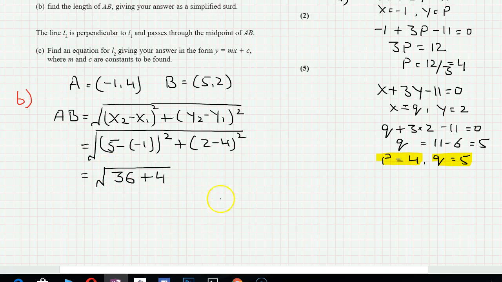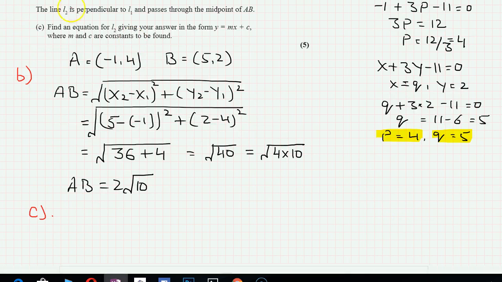So that is the square root of 40. The simplified surd of 40: 40 is 4 times 10. Why am I writing 4? Because we know that root 4 is 2. So AB is 2 root 10. That is the distance of AB.